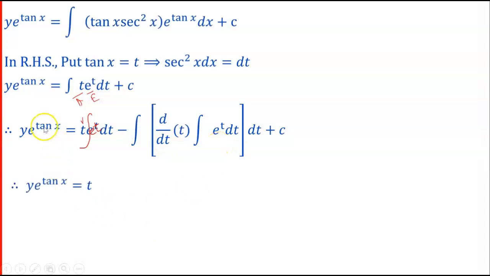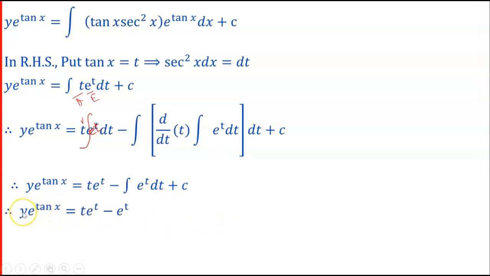See this here, y · e^(tan x) = t · e^t minus integral of 1 · e^t dt, plus c. Again finally, the integral of e^t is e^t.